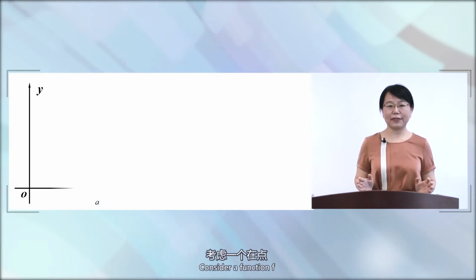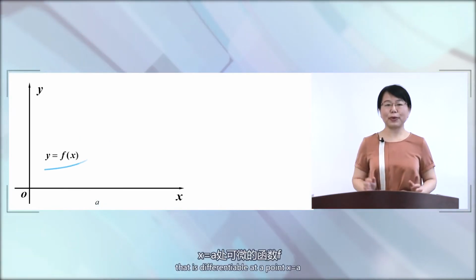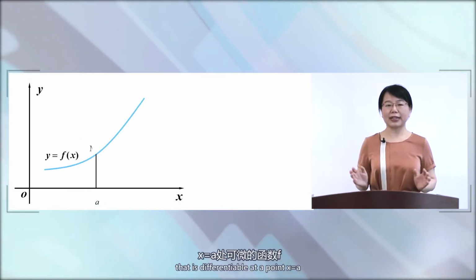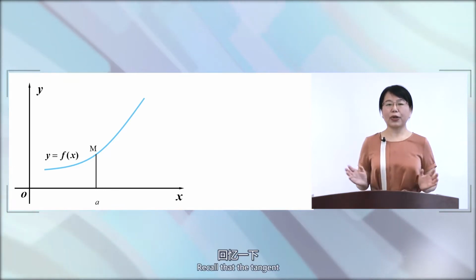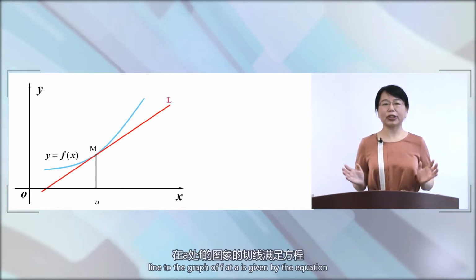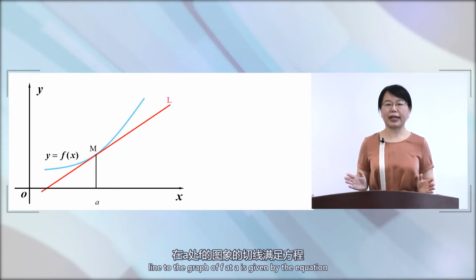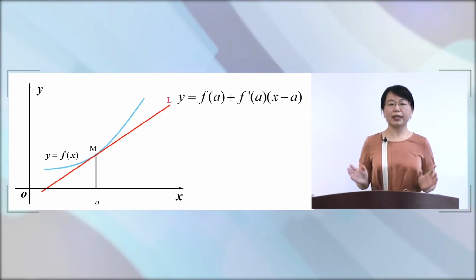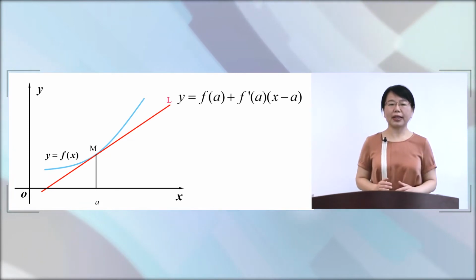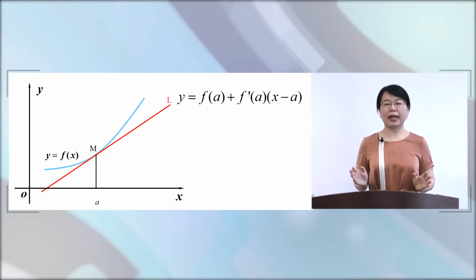Consider a function f that is differentiable at a point x equal to a. Recall that the tangent line to the graph of f at a is given by the equation y equals f of a plus f prime a times x minus a.